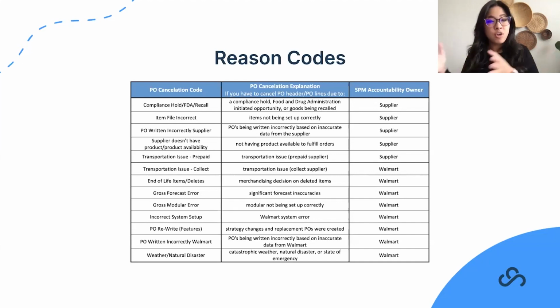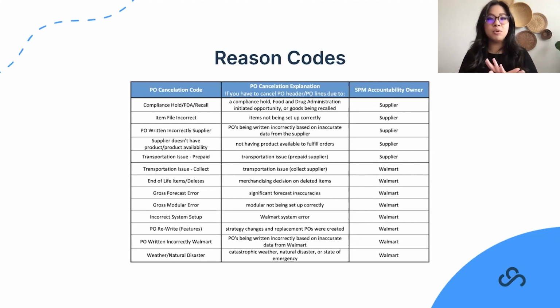The longer term effect is that it will impact your in stocks and your on hand availability, just because Walmart's like, oh well, we thought we were going to get it, so we're just going to keep ordering at a normal amount, but we just never get products. So it messes with deductions, you'll get OTIF fines, and it messes with your in stocks.